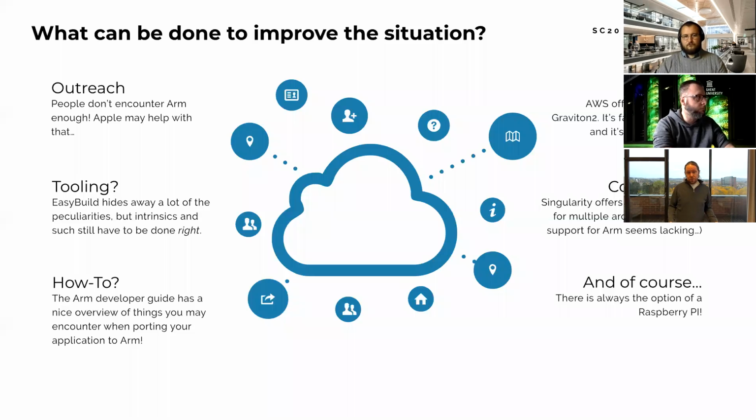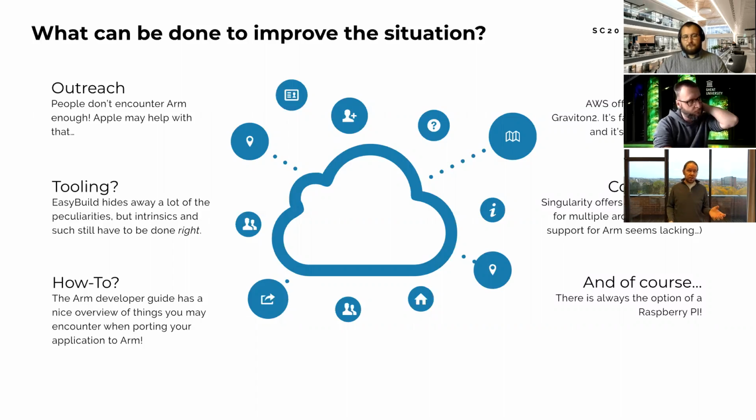So then, how do we improve the situation? Well, outreach, just to get the name out there. Getting ARM familiar to people will definitely help, and Apple will certainly make that happen as they start shipping ARM in their MacBooks. Tooling will help. Using EasyBuild, either directly or indirectly by supporting EasyBuild, will help in making sure that software works on ARM. And of course, the developer guide from ARM is fantastic.